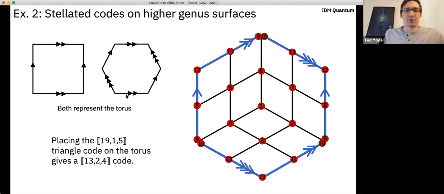The idea is that you can represent the torus by a square with opposite sides identified, but you can also represent it with a hexagon with opposite sides identified. To convince yourself of this, you have to go through some Euler's formula, just to make sure that the count of edges, vertices, and faces goes as it should.